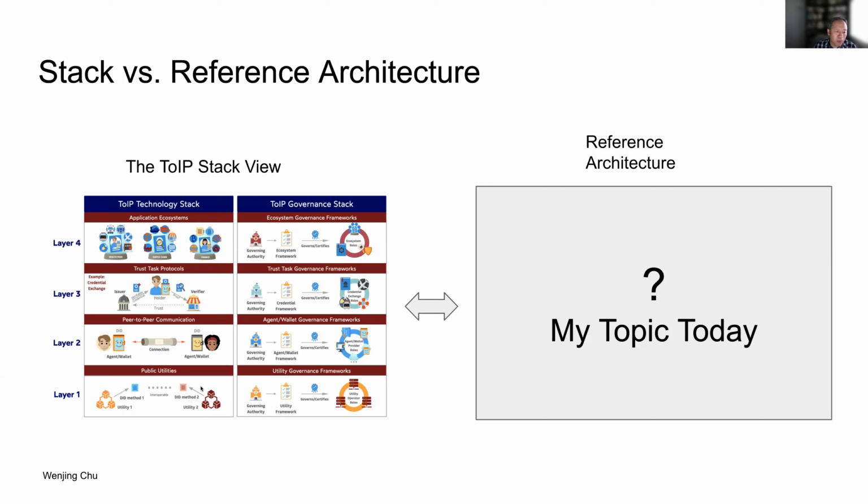And the stack is shown on the left, which shows two columns, one on technology or protocols, and on the right side about governance or how you may operate and administer such a system. That both sides are needed.